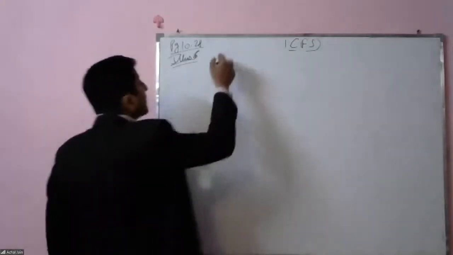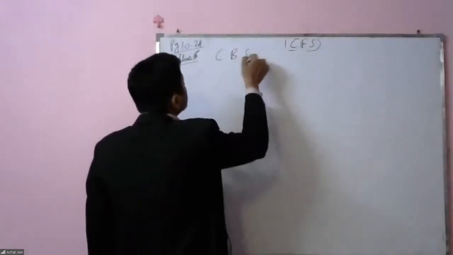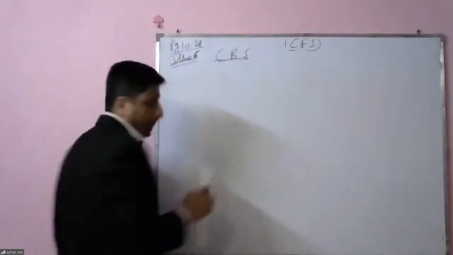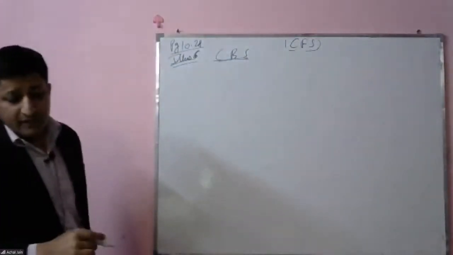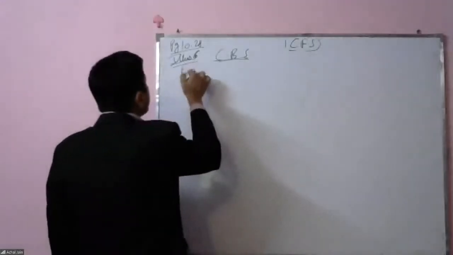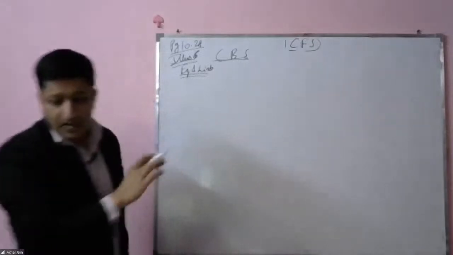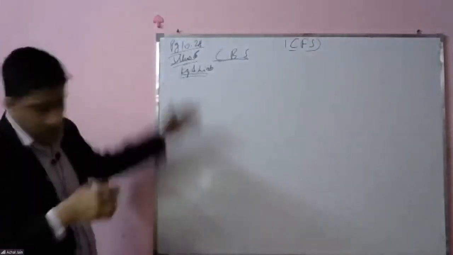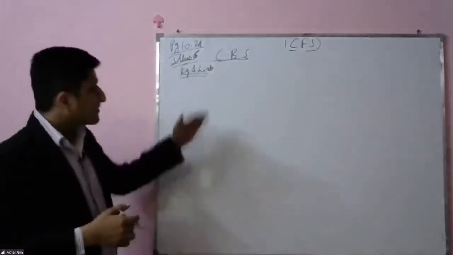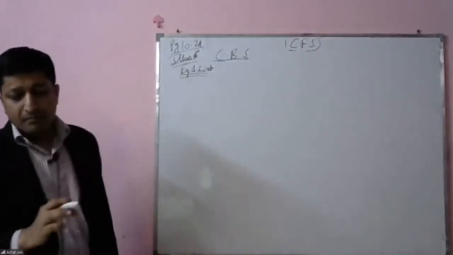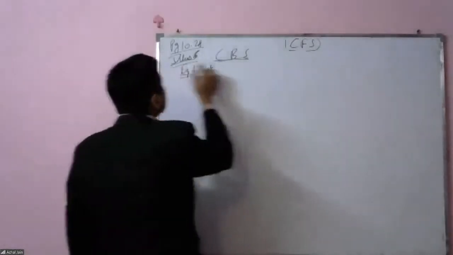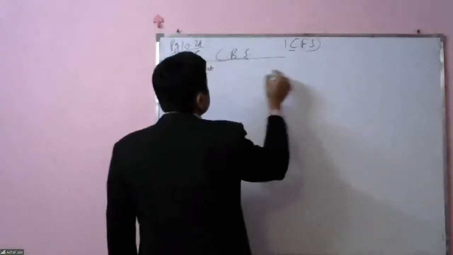So let's look at the consolidated balance sheet as at the same date. What do we have to start with? Equity and liabilities. You should write everything now, particulars, etc., just to reserve some space. I have not been writing, but in the exam, please be very, very clear when you write all of these aspects.